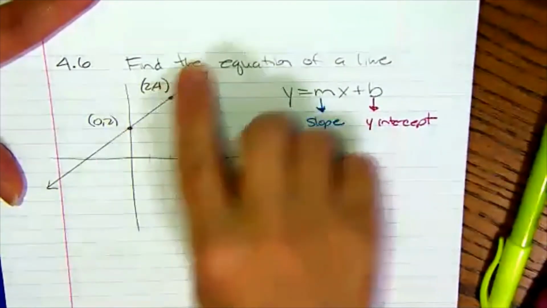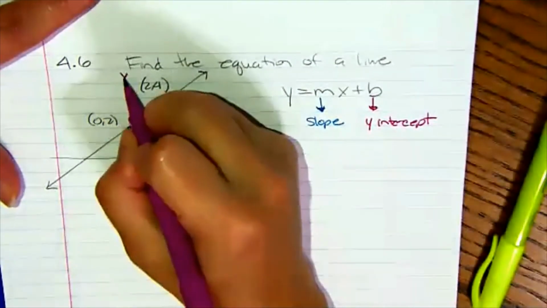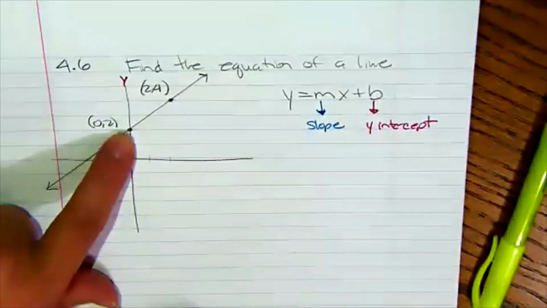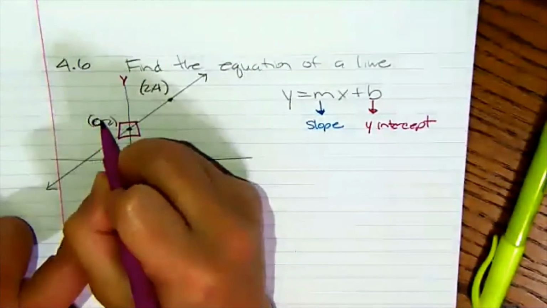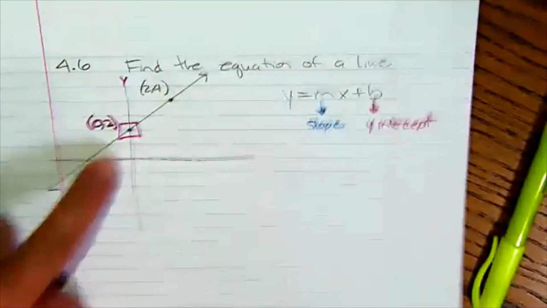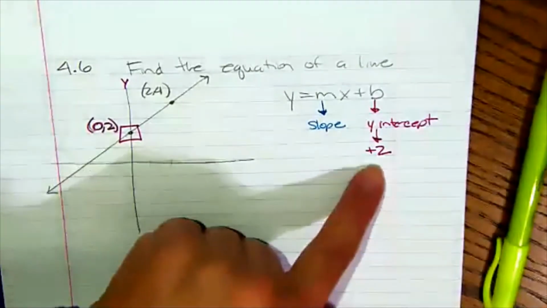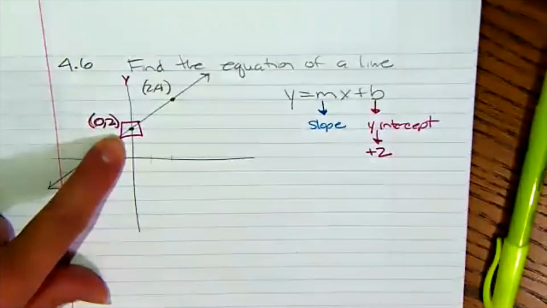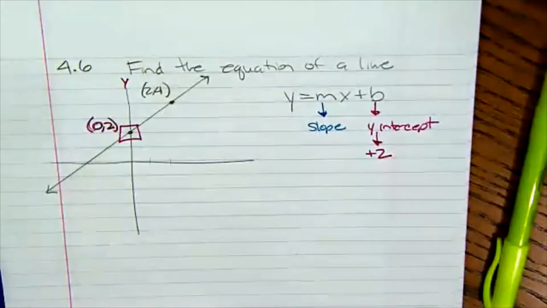So we can take a look at this line, and we can see what our y-intercept is. Here's our y-intercept. When x is 0, y is positive 2. So our y-intercept is positive 2. Now we have to figure out the slope.